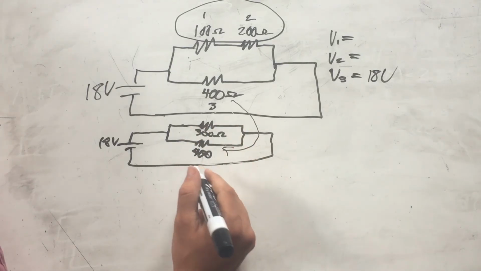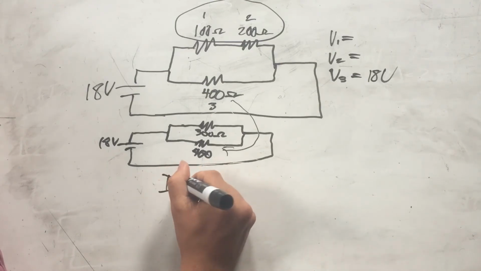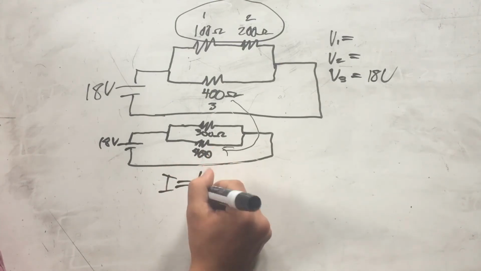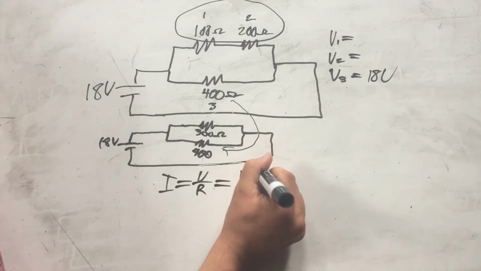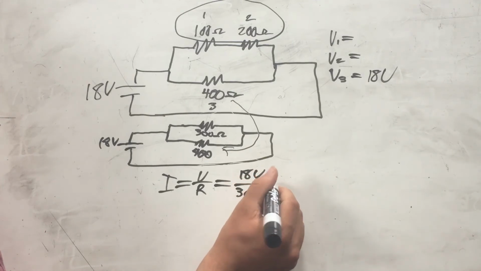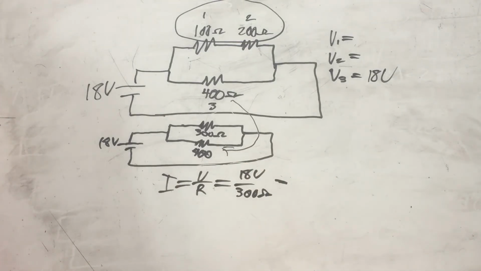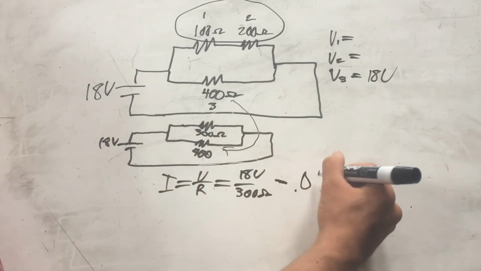In order to do that, we're going to use Ohm's law, and we can rearrange so that I is equal to the voltage over the resistance. And our voltage is 18 volts over 300 ohms, which gives us a total current of 0.06 amps.